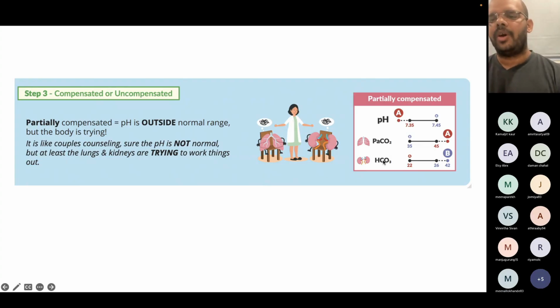Now your kidney recognized it and increased the bicarb level in the blood, but still the pH is in the abnormal range. It has not reached the normal range. It means that it has started compensation, but it hasn't reached the point. It's still compensating, so that is known as partially compensated.